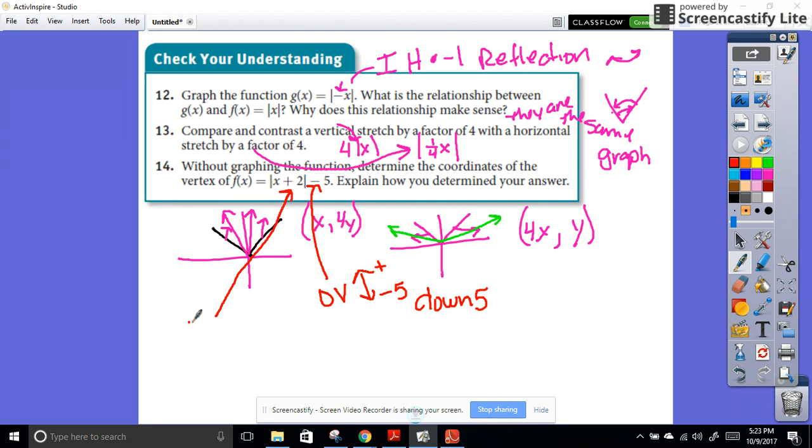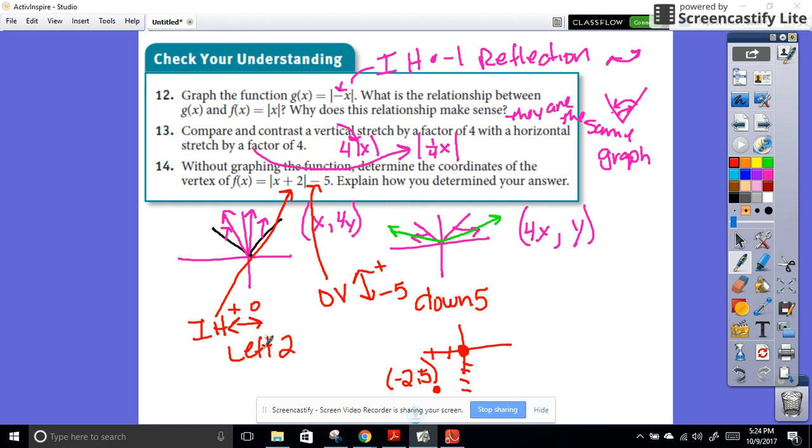This one, inside, horizontal, so it's going to go left 2. Now we know the vertex of the parent function starts at 0, 0. So if we go left 2 and then down 5, where's the new vertex? -2, -5.